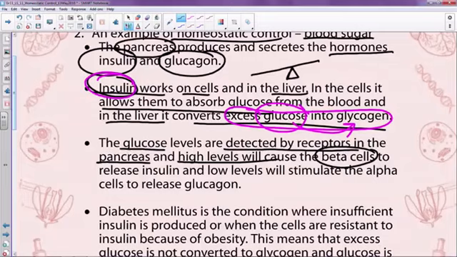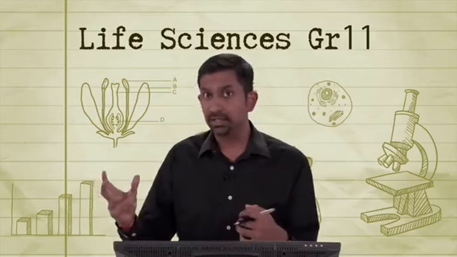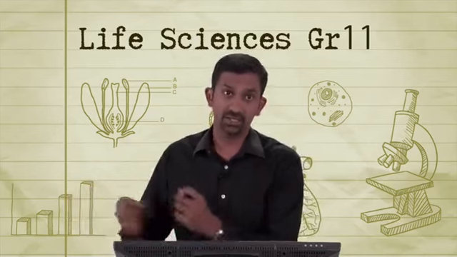The alpha cells produce glucagon, which is the other hormone that we need to discuss, and the beta cells produce insulin. So the beta cells will release insulin, and this in turn will lower the level of glucose and stimulate the alpha cells to release glucagon. And as I said, insulin converts glucose to glycogen, and glucagon converts stored glycogen to glucose.